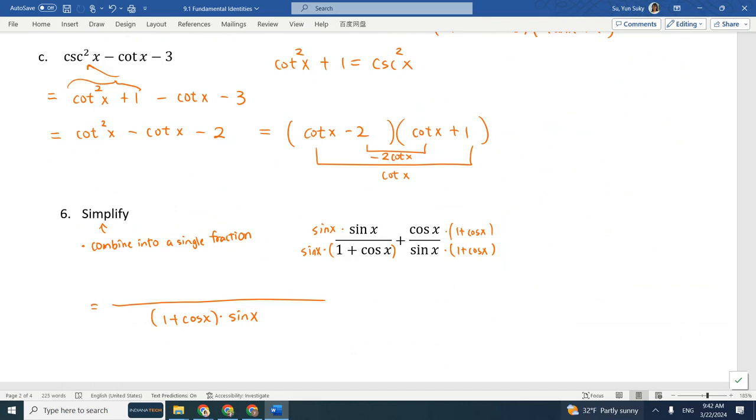Now, what is the numerator? Sine x times sine x is sine squared x. And you have cosine x times 1 plus cosine x.